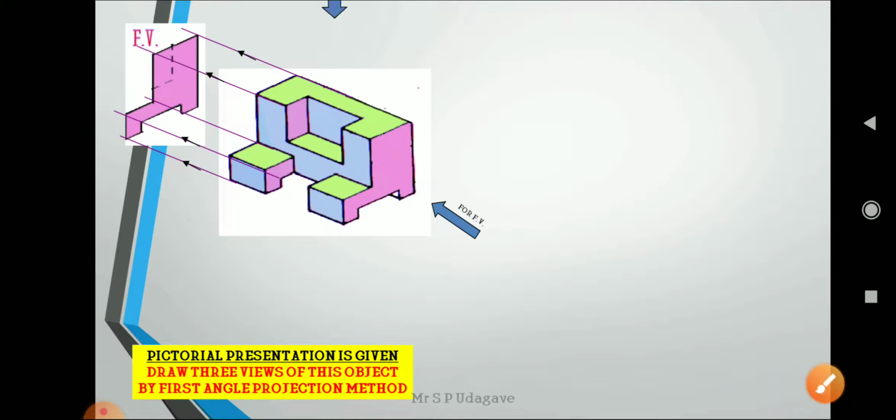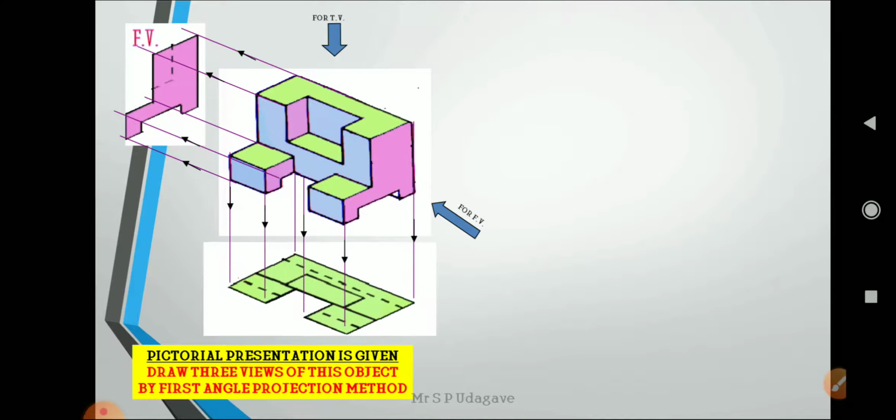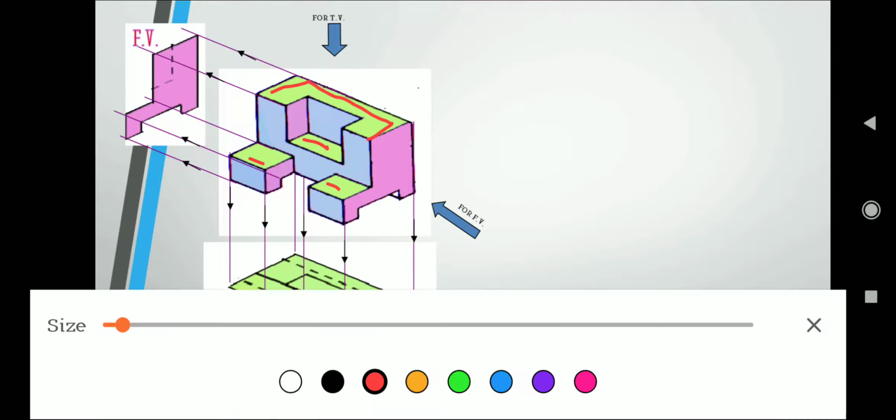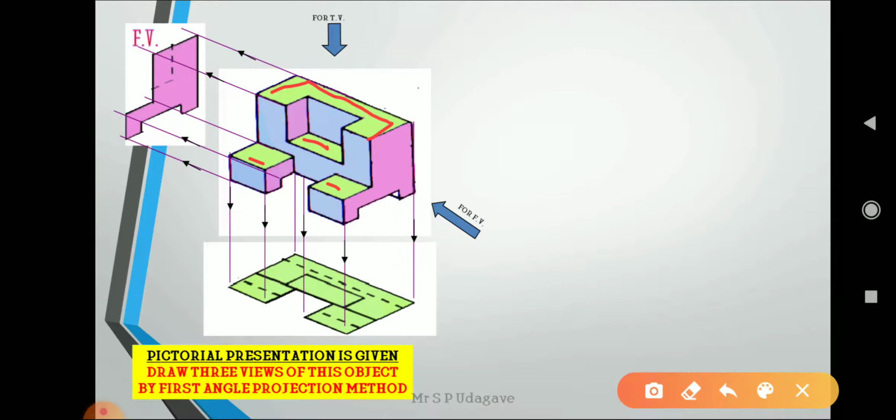For the next view, the top view, there is also an invisible part. Now you can see this top portion is visible, this portion is also visible, but some part related to the base, this cavity, from this end through the whole object, has an edge, shown in this figure.